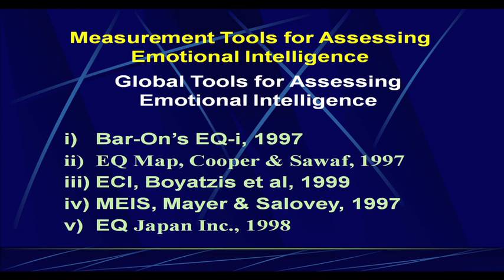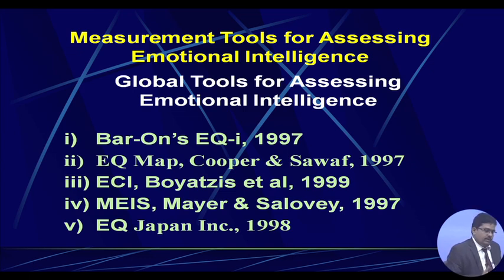The first global measure we have ever come across is called the Barron EQ test. This is highly popular as it came out for the first time in the field of psychology, creating a lot of impact in the psychology community and also among the health professionals, as the test extends up to the assessment of EQ, health, happiness and coping with stress.